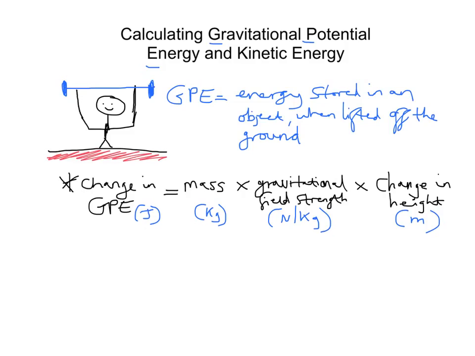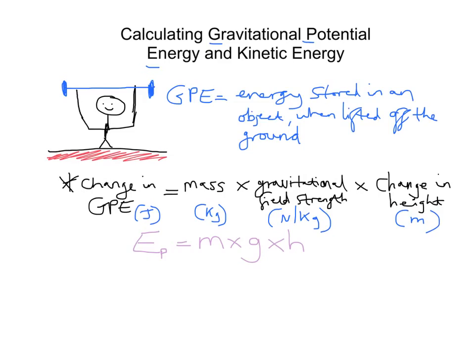So change in the GPE, often we can just refer to as E, and we put a little p at the bottom. So E is for energy ultimately, and P is potential. So the gravitational potential energy. So EP is equal to M times G times H. G being gravitational field strength and H being change in height.